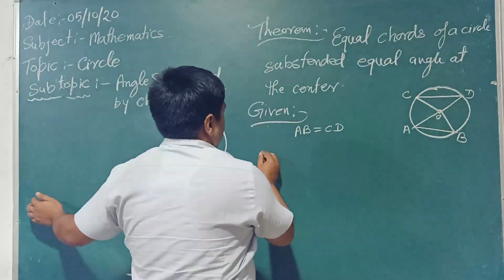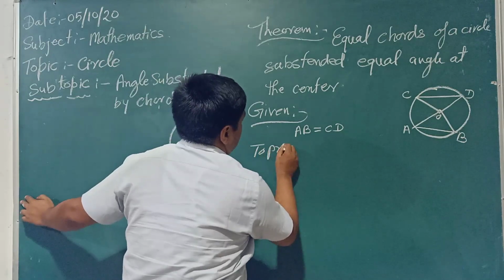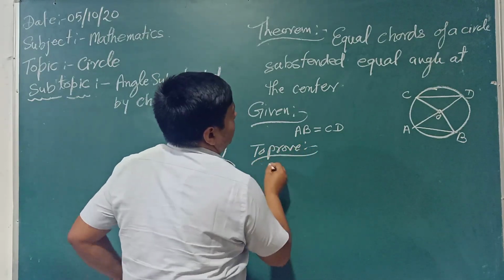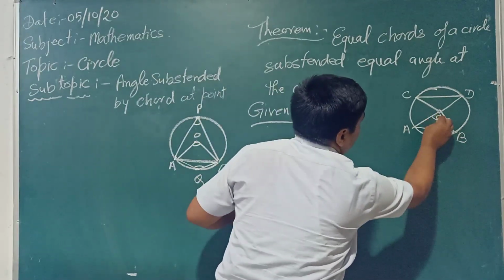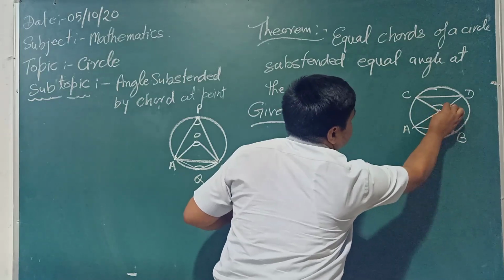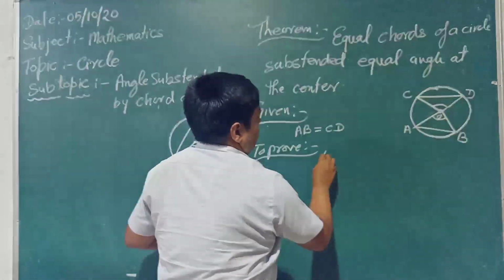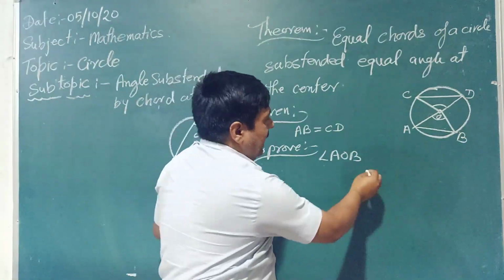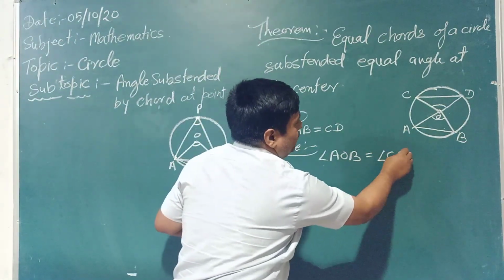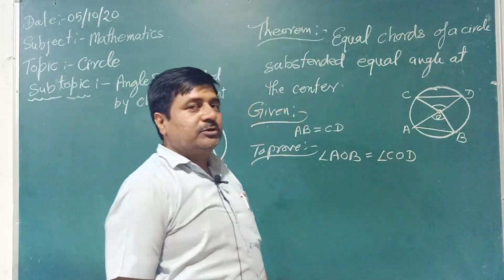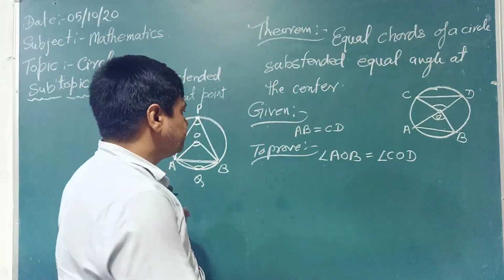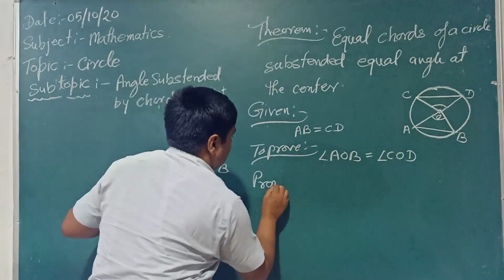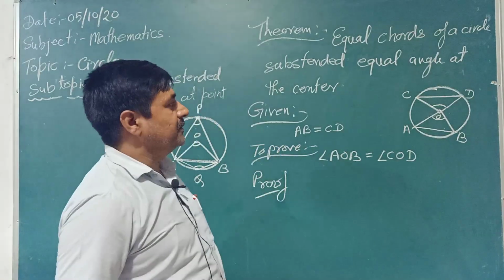So now to prove that angle AOB and angle COD both are equal. First, proof.